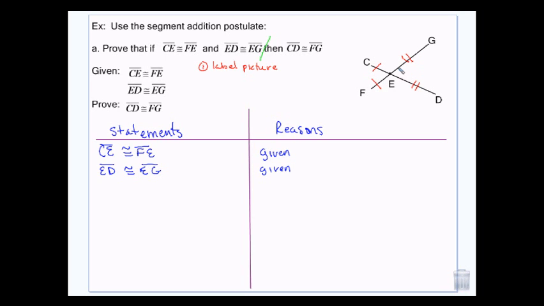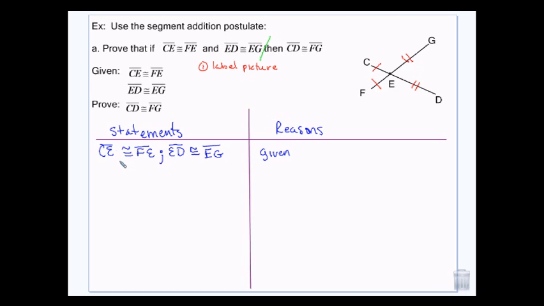Okay. If you want to save space, you don't have to write those as two separate lines. We could do it this way as well. Okay, so you can put the givens in one line if they'll fit, or you can do separate lines for each given. It's up to you. I'm going to do this to save space.